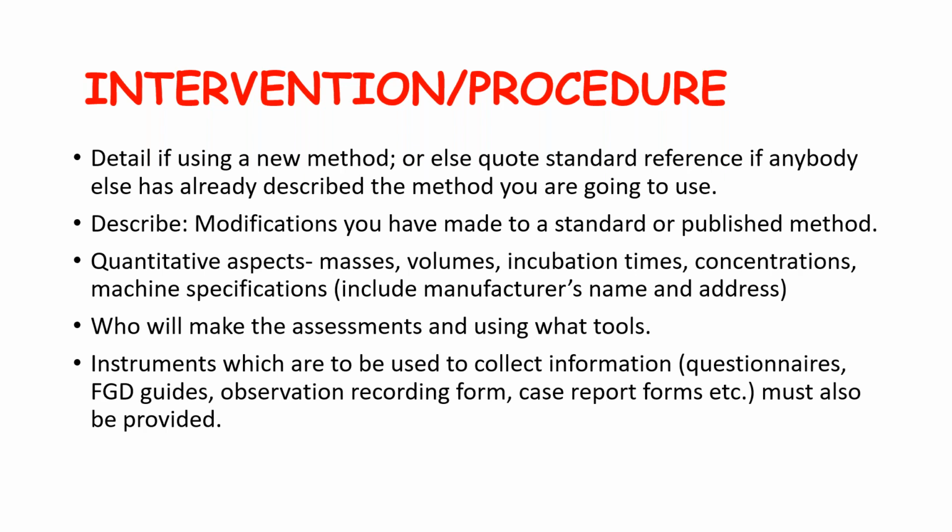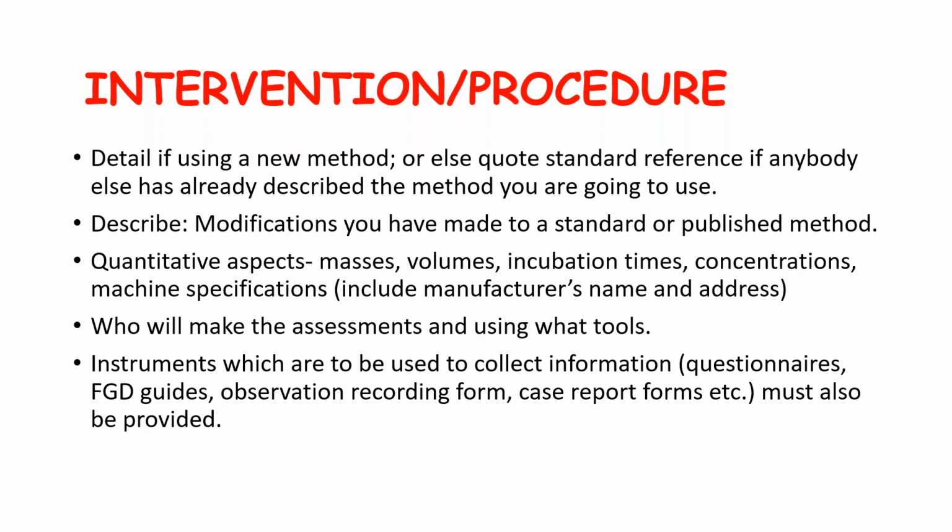Then who will do the assessment and what tools? For example, suppose you want to see the expression of P53 in the tumor cells or in the cancer, say ovarian tumor. Then you have to write that P53 expression will be seen by immunohistochemistry in pathology, in the department of pathology, so the reader will know what was done where.